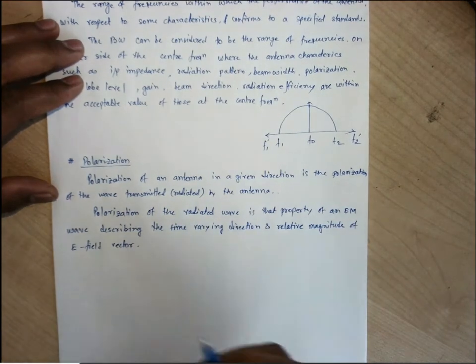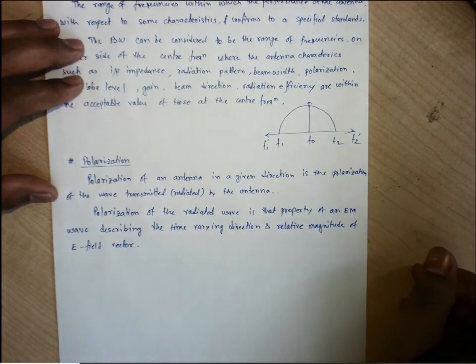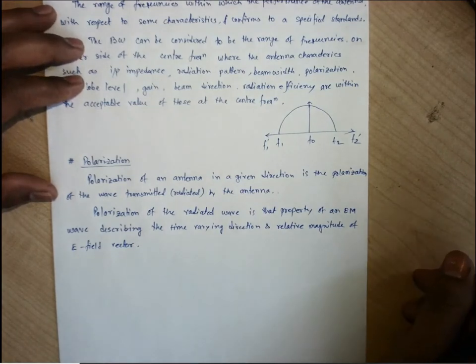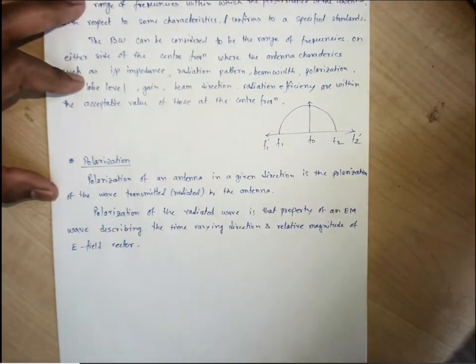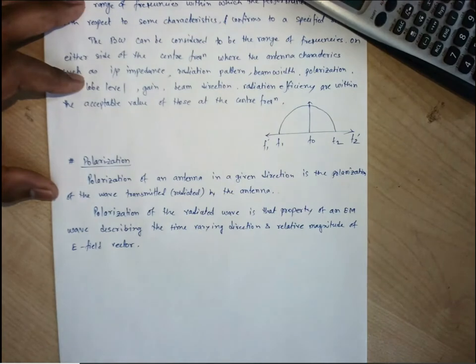Just try to understand this. We are talking about that property of the EM wave which describes the time varying direction and the relative magnitude of the electric field vector.